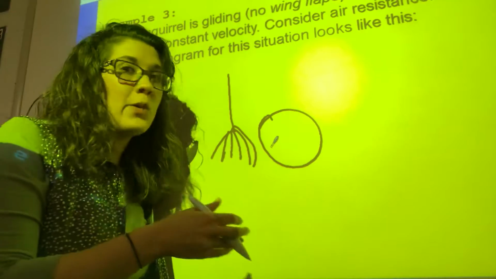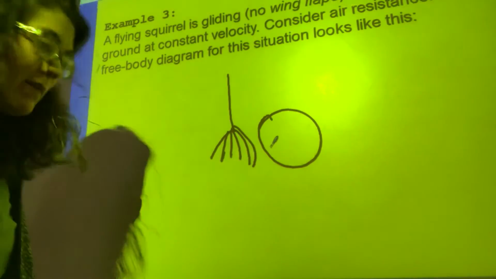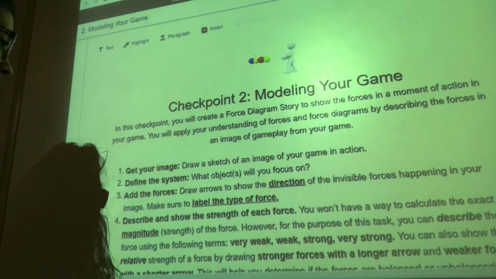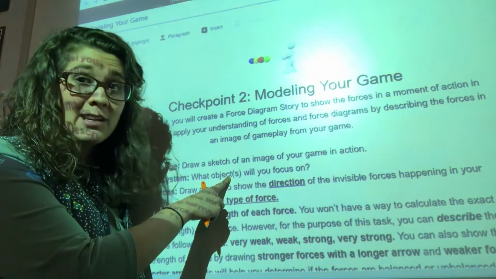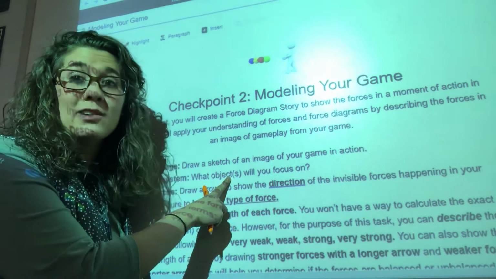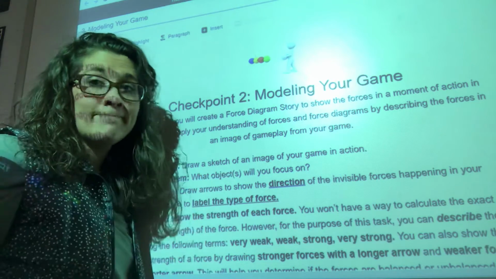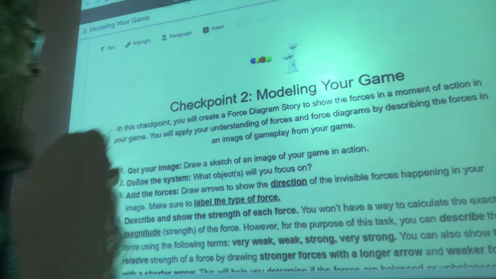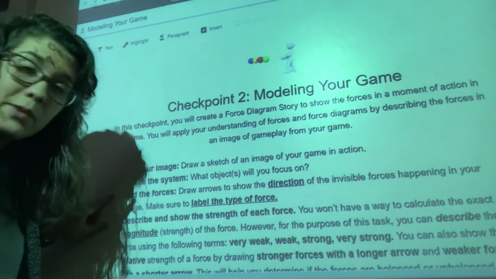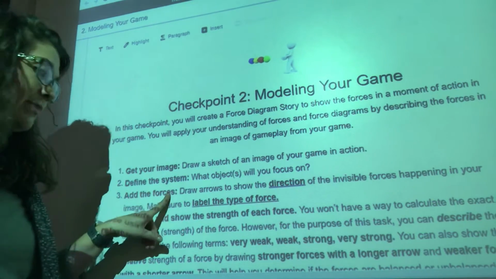Then you go in and you label those forces. Let's jump back to this for a second. It says define the system. You're going to answer a question like what objects you're drawing. Label your picture. If your broom doesn't look like a broom, label it a broom. Then this is what I really want you to focus on today. It says add the forces, number 3.